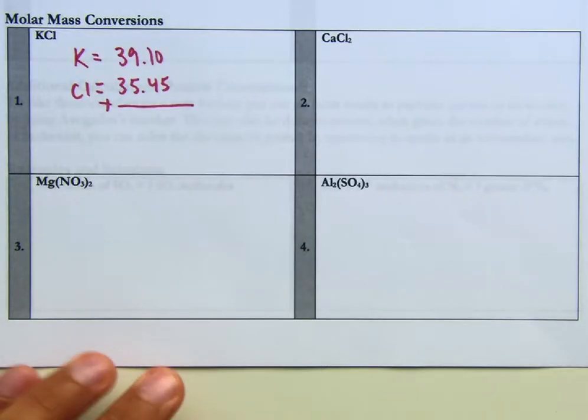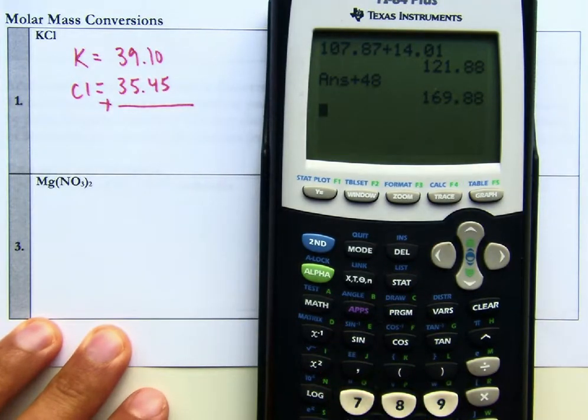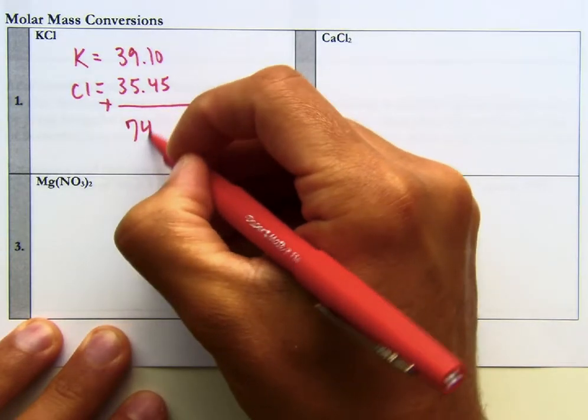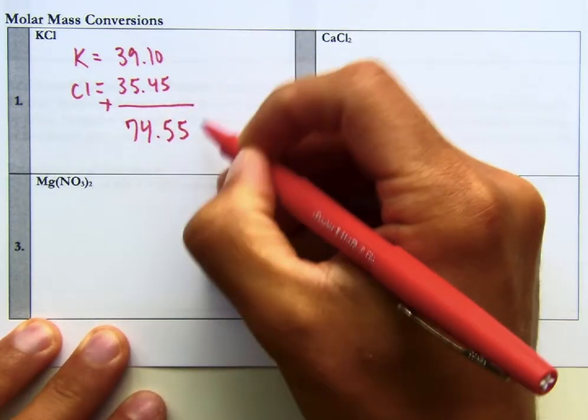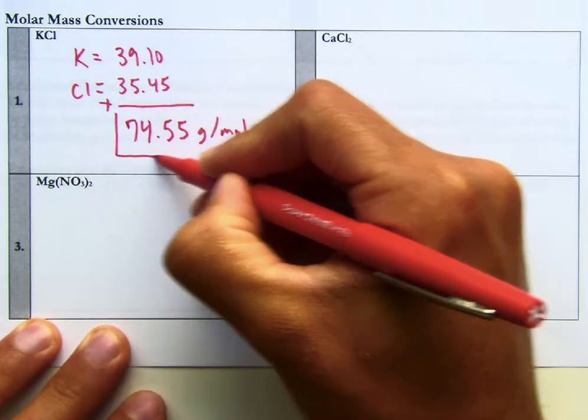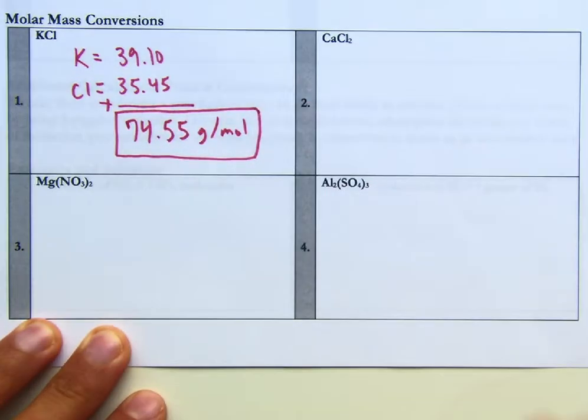Okay, so add them together, we get 74.55, and the unit is grams per mole. We're calculating molar mass. So that's about as easy as it gets. It has 2 elements, just 1 of each.